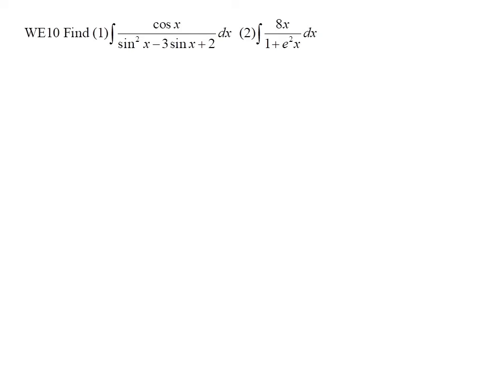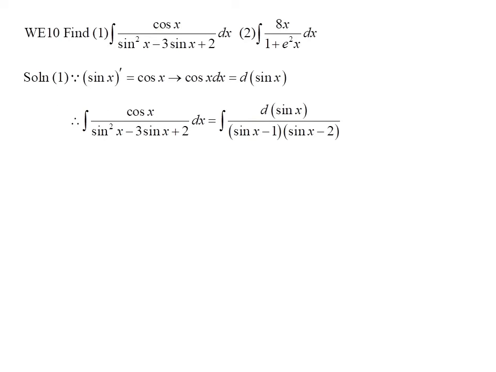Here, example 10 has two antiderivatives. As for the first one, since the differentiation of sine x is cos x, which gives cos x dx equals d sine x.